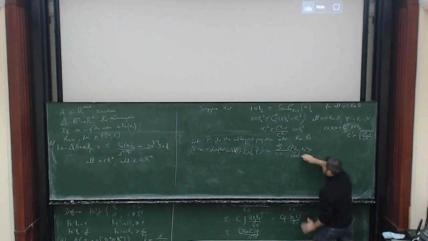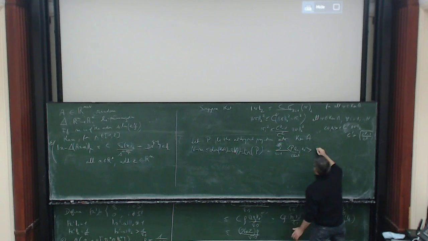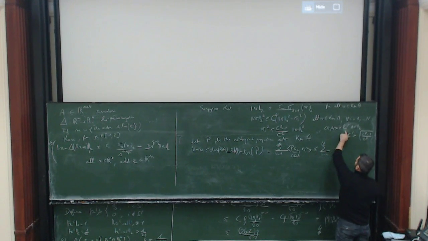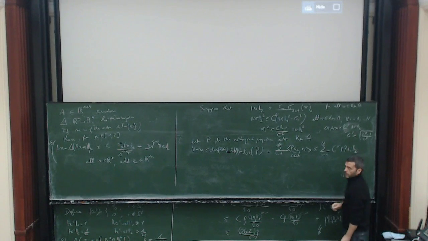So this n should be a capital N. So that will be less than the sum for i from 1 to n of C' times the norm of P of e_i in L2 norm.